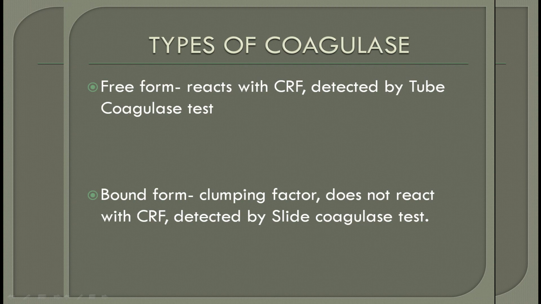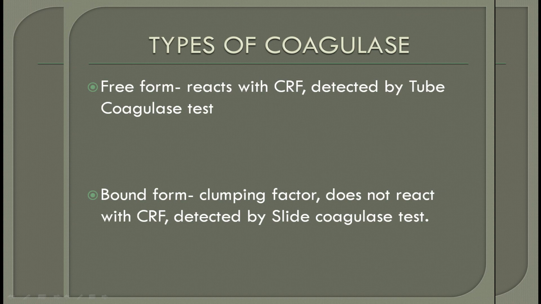But to be a little more precise, this is actually the free form of coagulase. Only the free form of coagulase reacts with coagulase reacting factor, and as we will see in later slides, this free form of coagulase enzyme is detected by a test, which is the tube coagulase test.